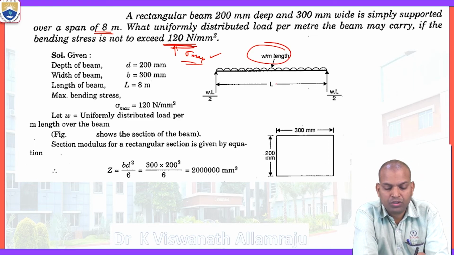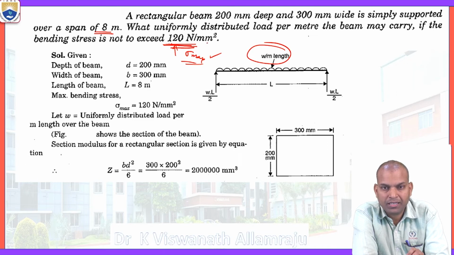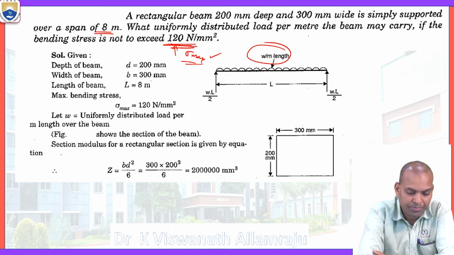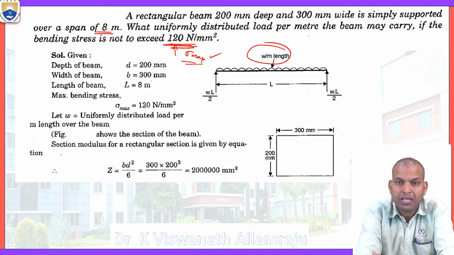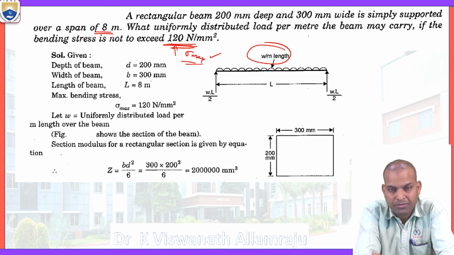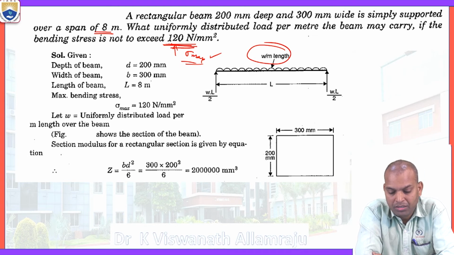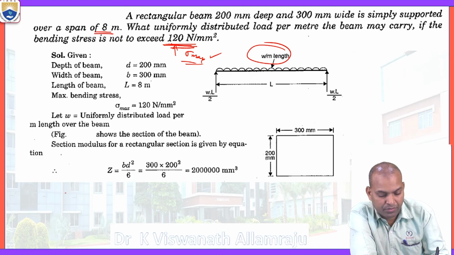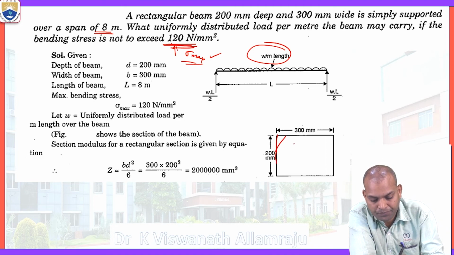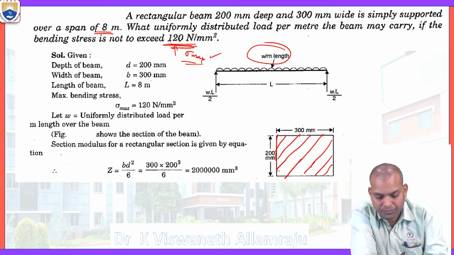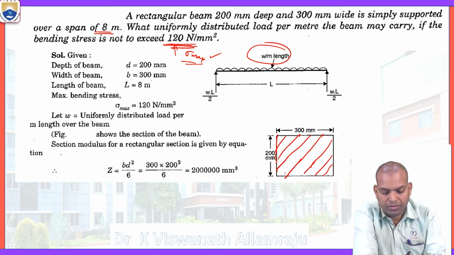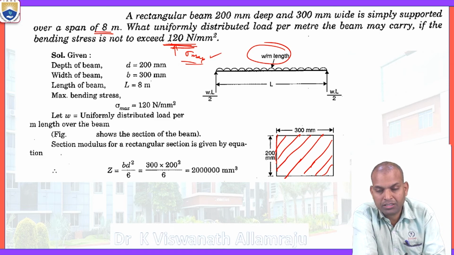Such that 120 Newton per square millimeter can be obtained for the section of 200 millimeters deep and 300 millimeters wide. This comes under the rectangular section.